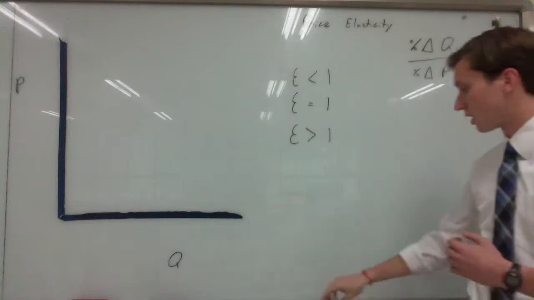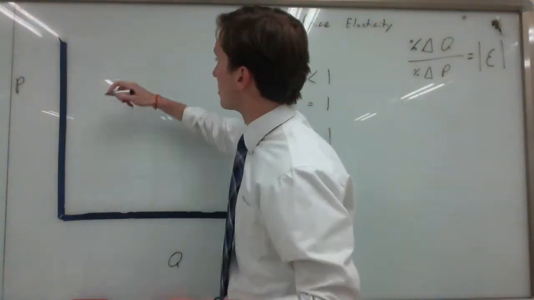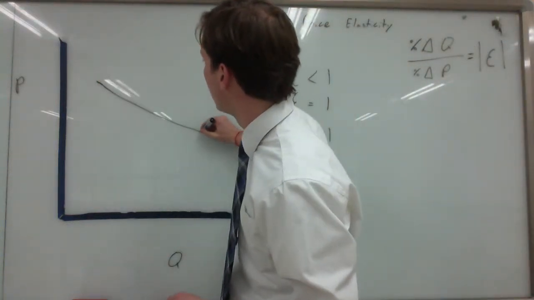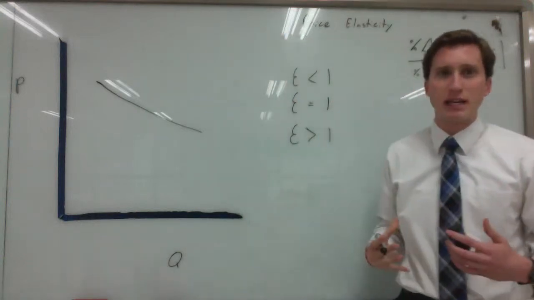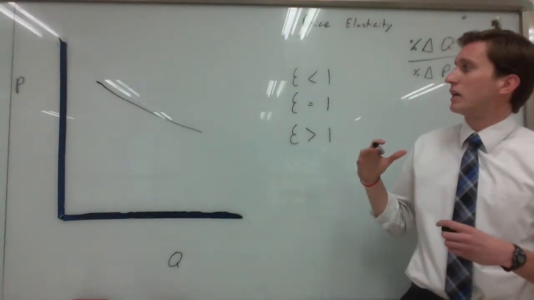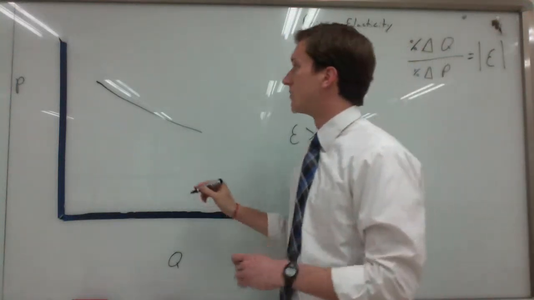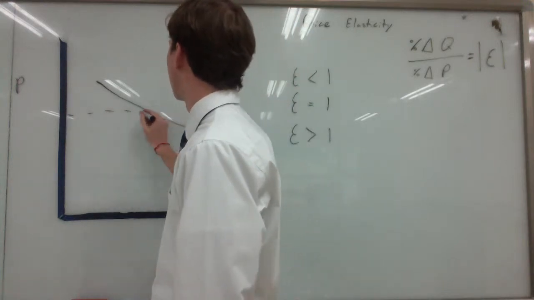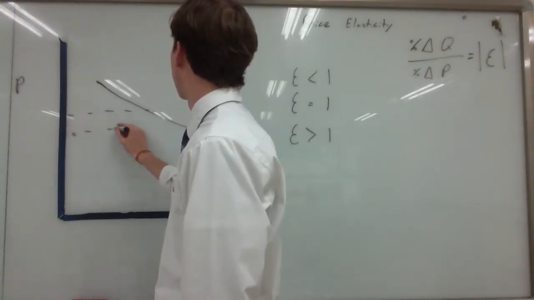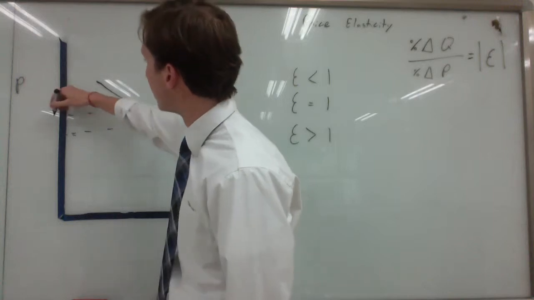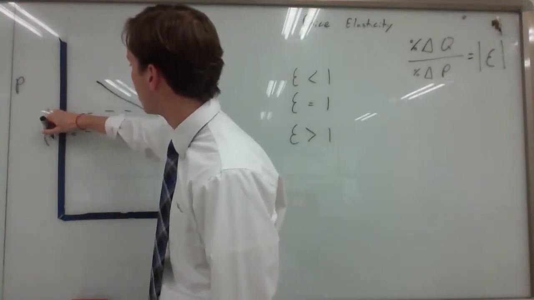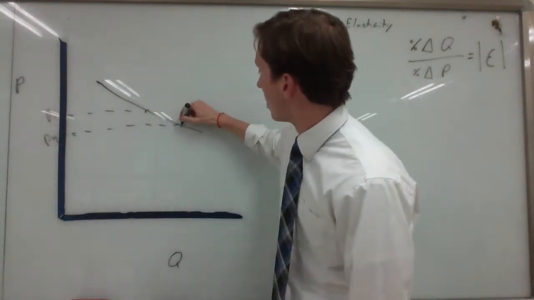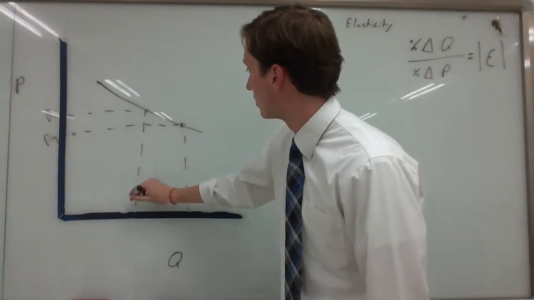So, first off, this curve, generally speaking, is going to be more elastic. If I change price a little bit, I'll do P1 to P2, the change in quantity is a lot more.